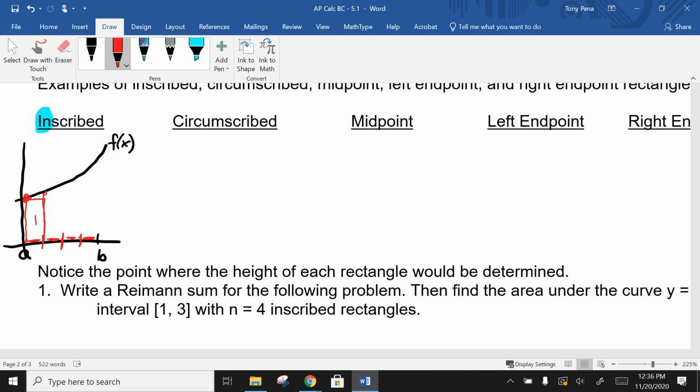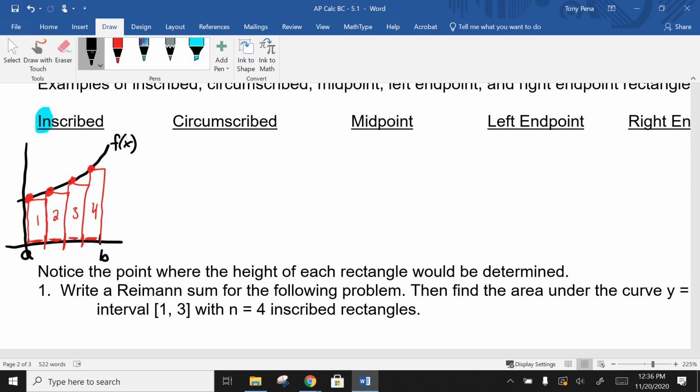If I continue to just do that pattern, go up to the left, move to the right, I get 4 what we would call inscribed rectangles. The dots that I'm putting here nice and big, those are important. That's how we're going to find our height in a little bit when we actually do a problem. Whatever the y coordinate on the curve is the height of those 4 different rectangles.